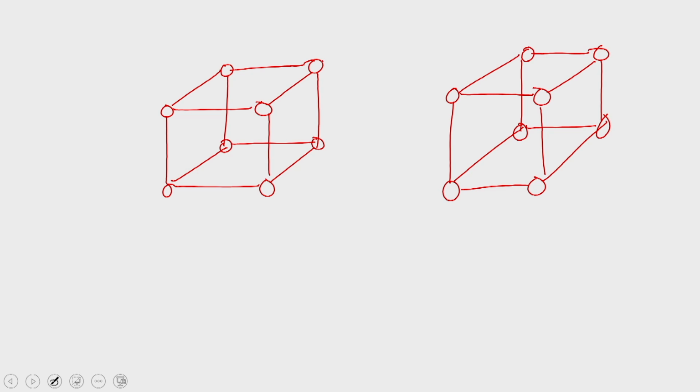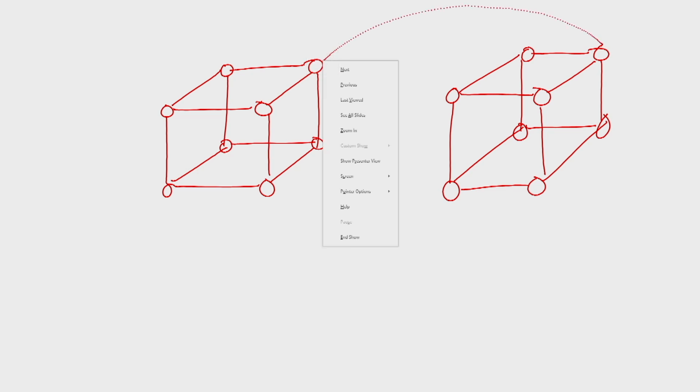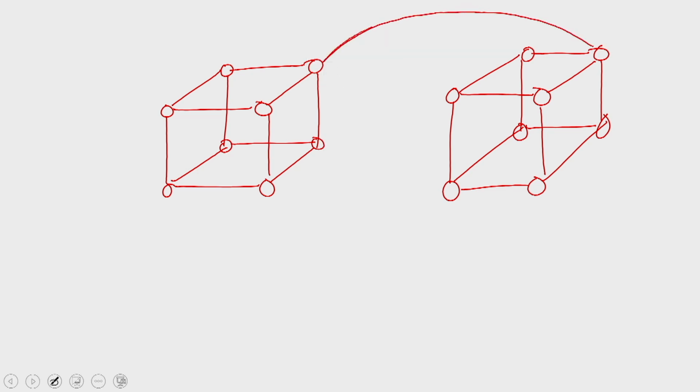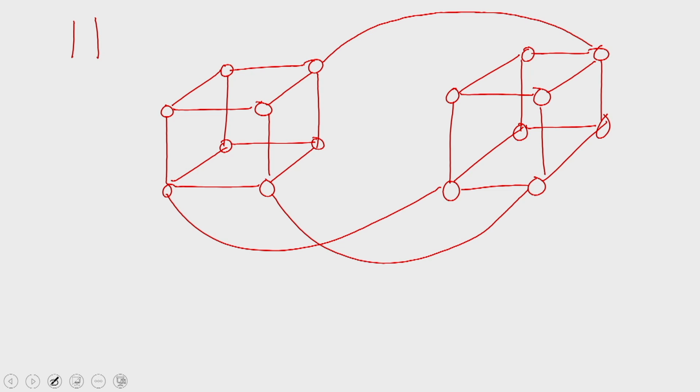So, this node corresponds to this. These two are corresponding nodes, they are connected, and these two are corresponding nodes and they are connected. These two are corresponding nodes and they are connected, and so on. So, this is how you construct a hypercube of dimension 4.